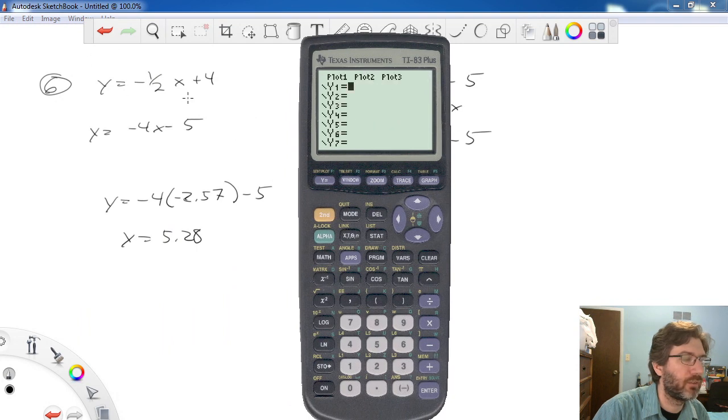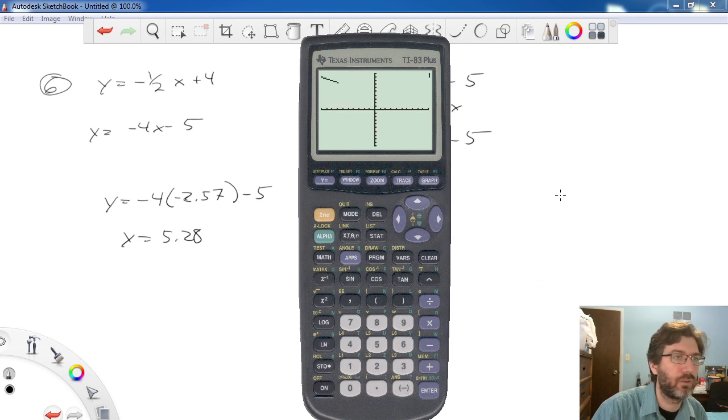Maybe moving that negative half over gave you a bump or something here. Negative 0.5, which is a half, x plus 4, and we're going to graph that with negative 4x minus 5. I did copy that, right? Didn't I? Yeah, okay, I'm going to graph it.